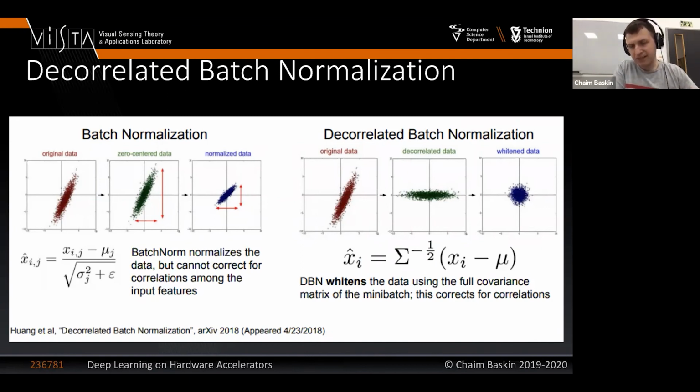Again, batch normalization works great. Decorrelated batch normalization can help in some exotic distributions and cases. In most cases DBN works the same as batch normalization, and computing the full covariance matrix is not needed. It's only taking more time.